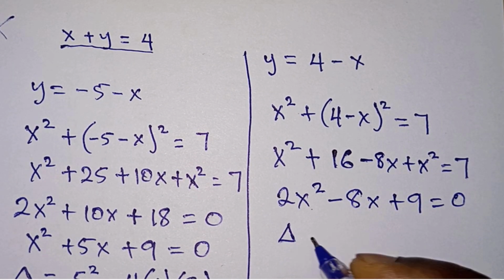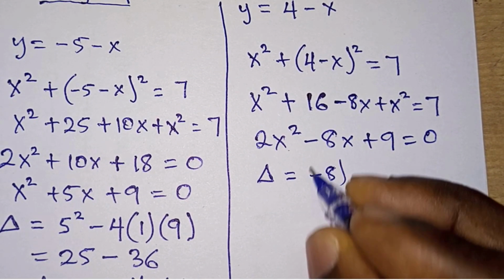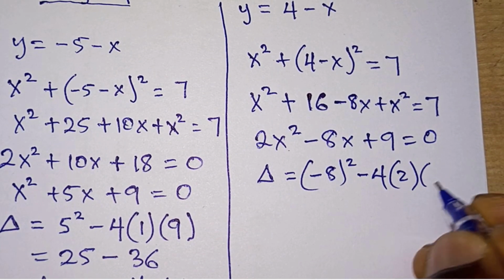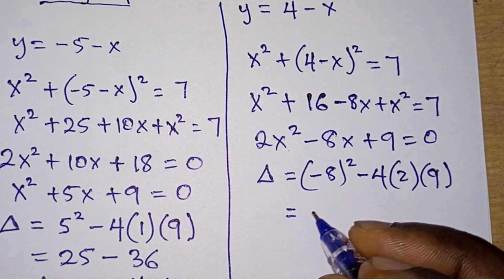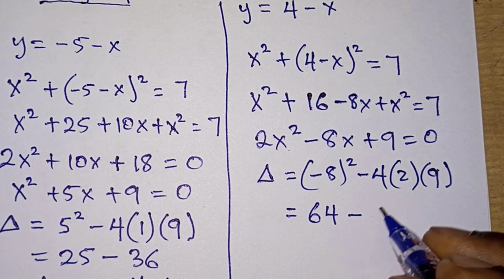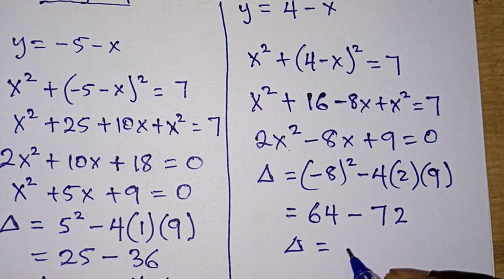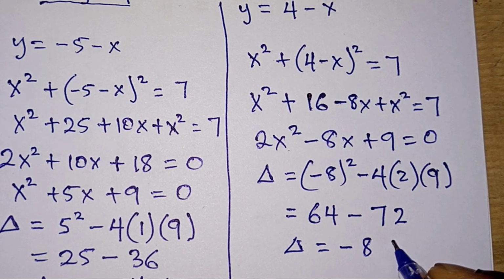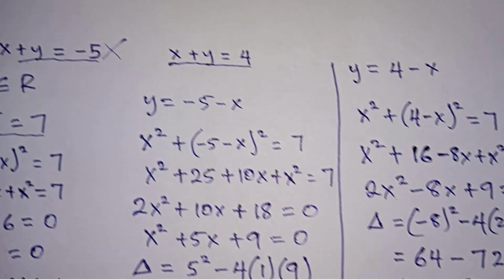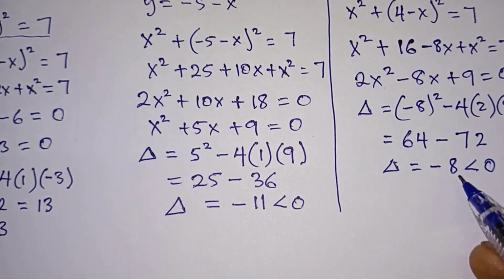Then we will use delta to discriminate this one. We're going to have negative 8 squared minus 4 times 2 times 9. So we would have 64 minus 72, and we see that delta is equal to negative 8, which is less than 0. Therefore, we are also not going to consider this value since delta is less than 0.